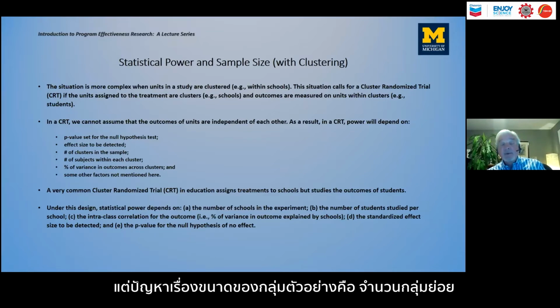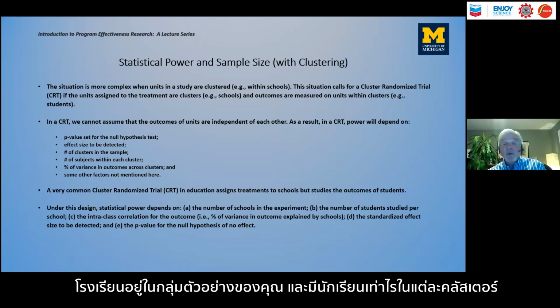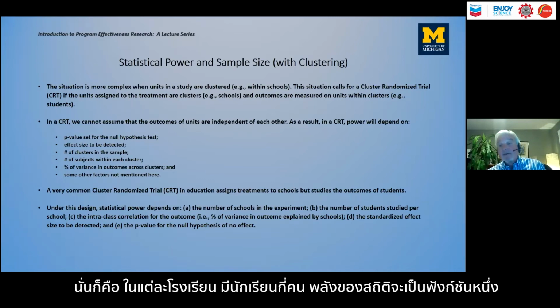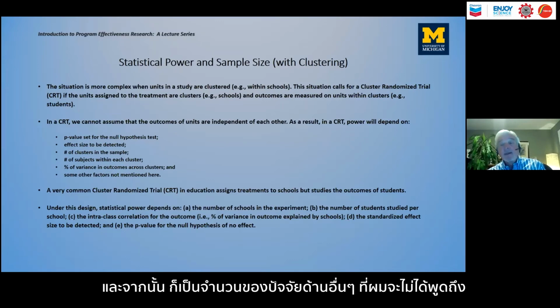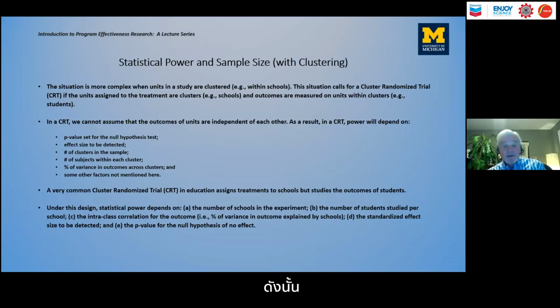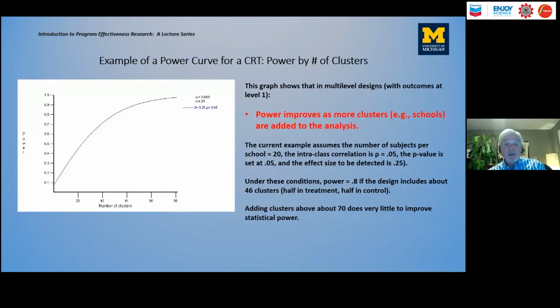But the sample size problem is how many clusters, for example, schools are in your sample, and how many subjects are within each cluster. That's within each school, how many students. Power is also going to be a function not of variance among children, but variance among schools, and then a number of other factors that I'm not going to discuss. So let me just quickly show you how this works and let you in for a surprise.